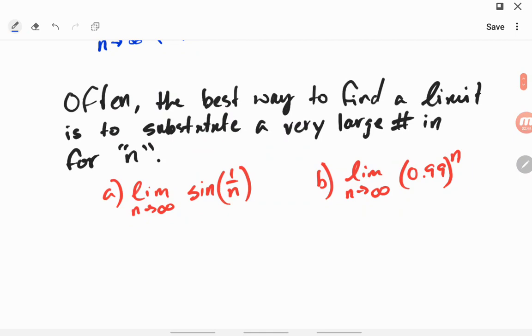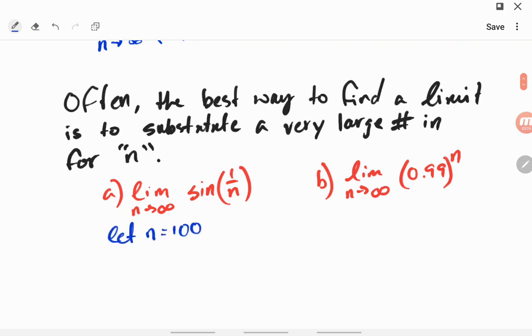Often the best way to find a limit is to substitute a really, really big number in for n. So let's look at a here. I've got the limit as n approaches infinity of the sine of 1 over n. So why don't we just pick a random number for n? Why don't we take 100? Let n equal 100.